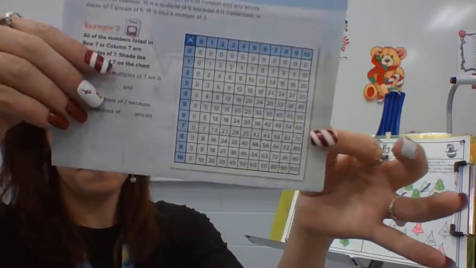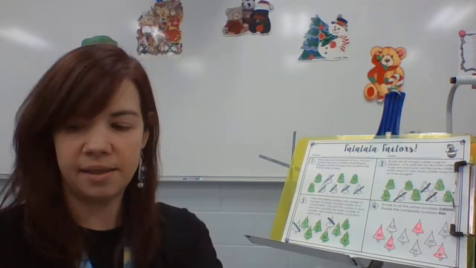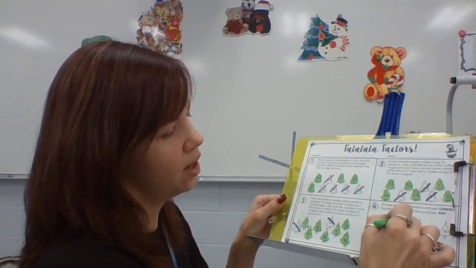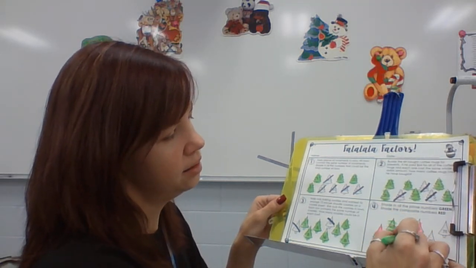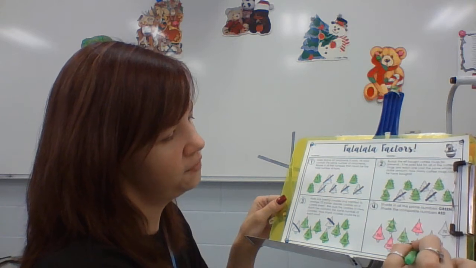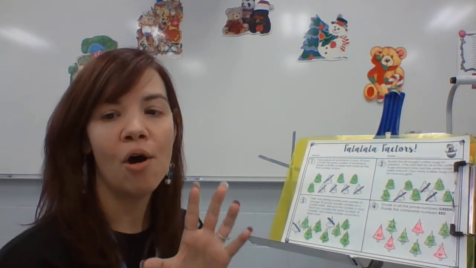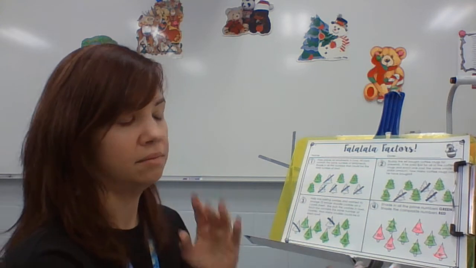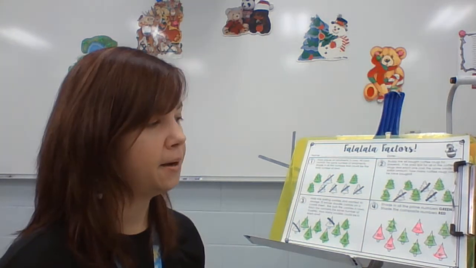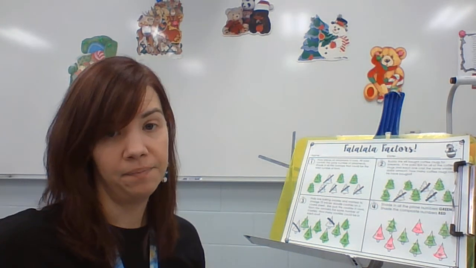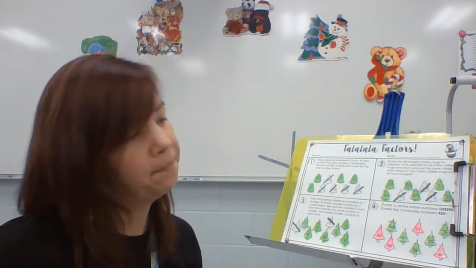And then it might take a little bit of finding, but I'm going to look on here for the rest. I've already done that, so I know that 43, 17, 59, 29, and 79 are not on my multiplication chart. They are prime, so you're not going to see them.